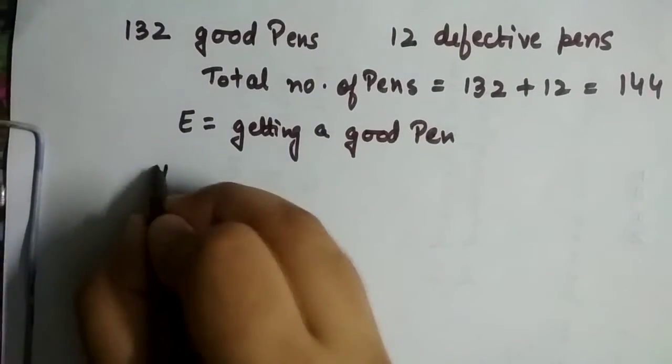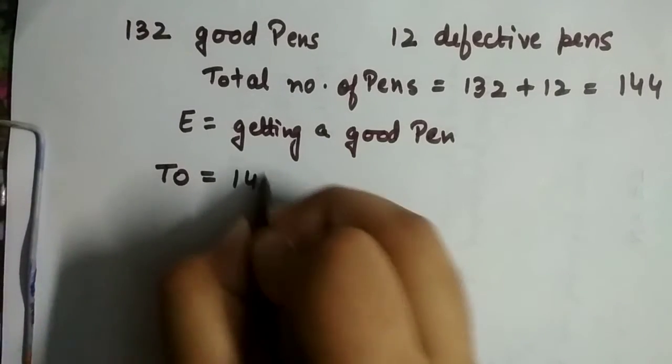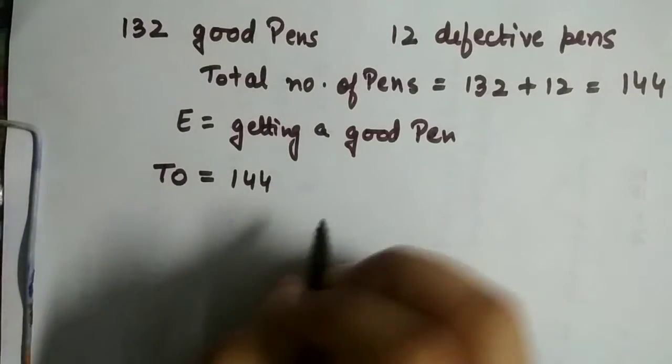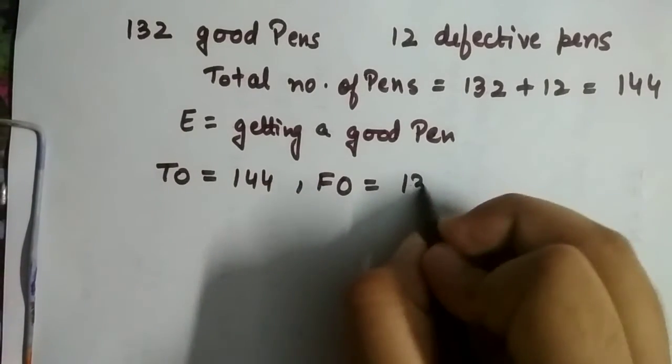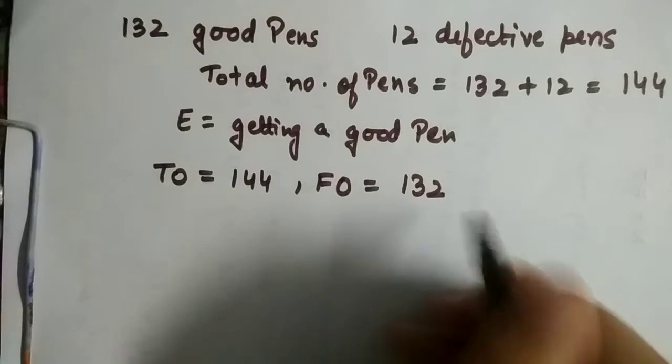Now total outcomes, there are 144 pens, so total outcome is 144. Favorable outcome is good pens, there are 132 good pens, so favorable outcome is 132.